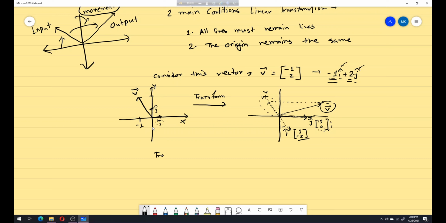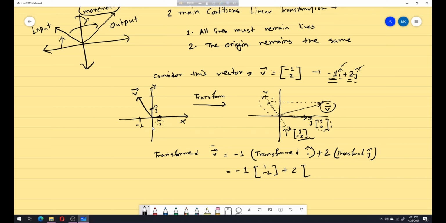So the transformed V cap would be -1 into the transformed I cap plus 2 into the transformed J cap, which in this case is -1 into this one, 1 minus 2, plus 2 into this one, 3 0, right?